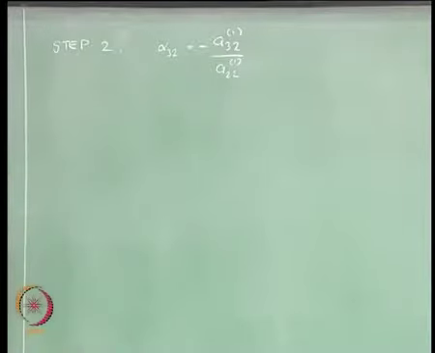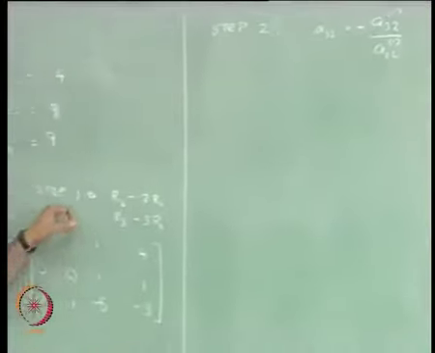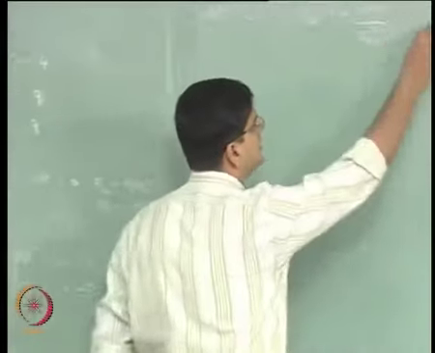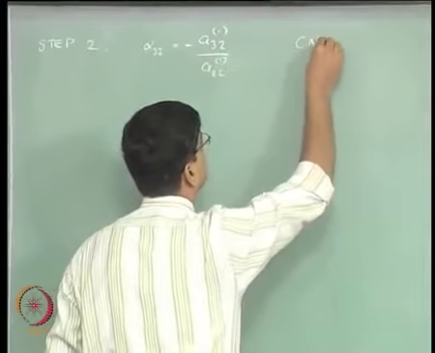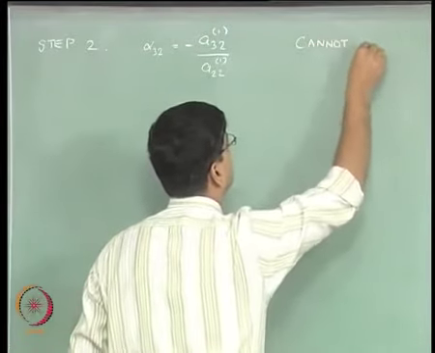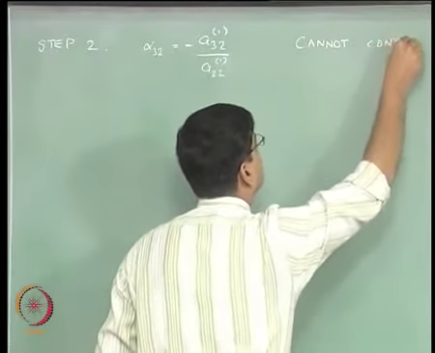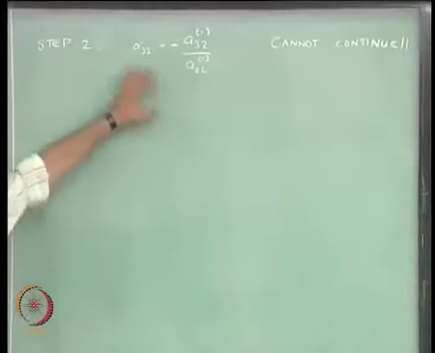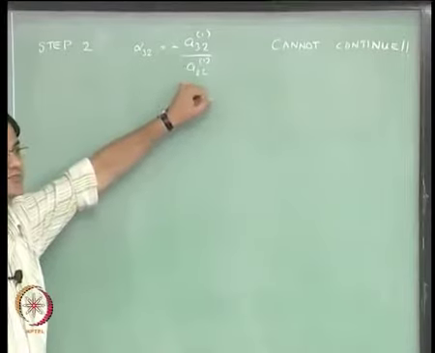And now the A22 value that we have gotten after our step 1 is 0. As a result, this cannot continue, because A22 has become 0.